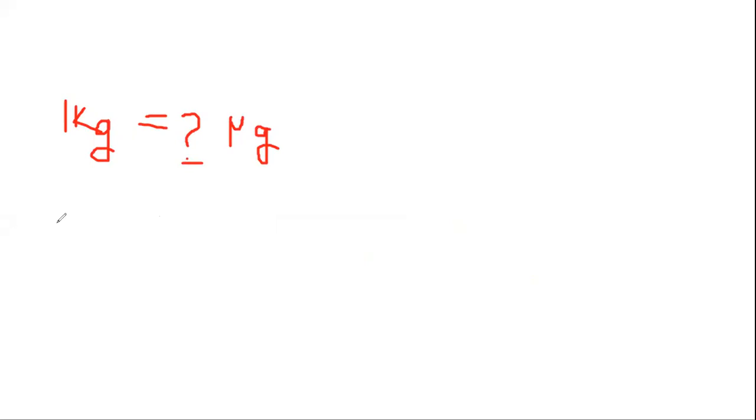You must think in your mind what was our first target. 1 kilogram is given, so you have to put 1 kilogram over here again. And then you have to use the multiply sign, put the line, and here you have to put the factor. The factor is this: the kilogram on the lower side, because I want to cancel the kilogram to convert into the microgram. Again, we are using two conversions. One is to convert this to the gram, and then gram to the microgram. So we are using the two terms.